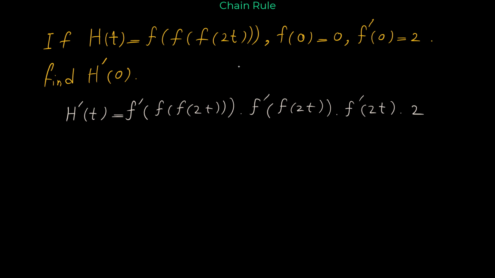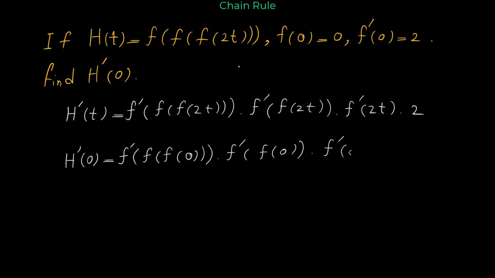Now we have to plug in 0 to find h prime of 0. H prime of 0 equals f prime of f of f of. If we plug in 0 for t, 2 times 0 is 0. So we have this times by f prime of f of 0 again, times f prime of 0 times 2.